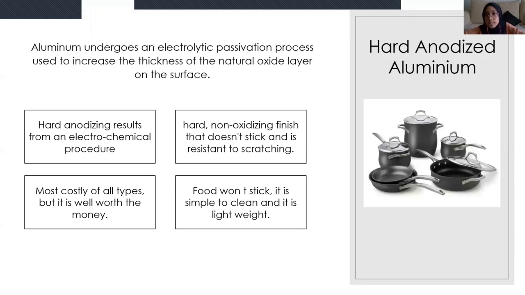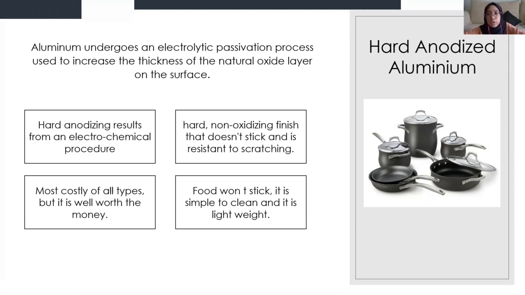The last one is the hard anodized aluminium. Aluminium undergoes an electrolytic passivation process used to increase the thickness of the natural oxide layer on the surface. Hard anodizing results from an electrochemical procedure. This is the most preferable type, since it has a hard, non-oxidizing finish that doesn't stick and is resistant to scratching.